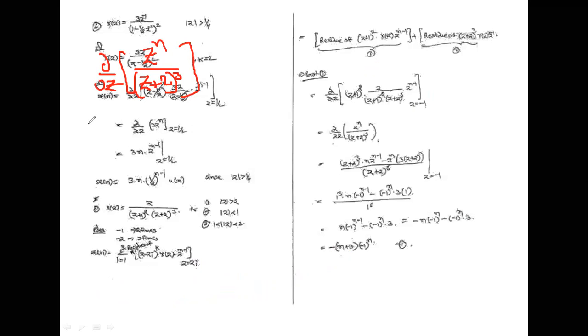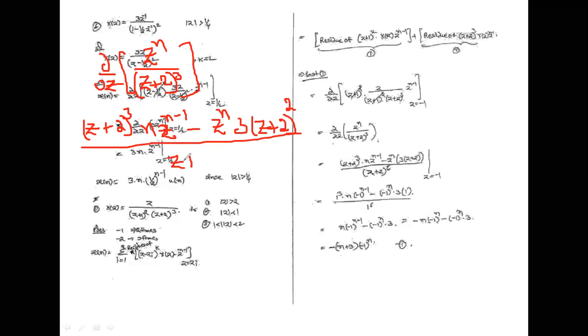Now I take v first, z plus 2 whole cube, times the derivative of u, n into z power n minus 1, minus u, z power n, times the derivative of v, 3 into z plus 2 whole square, whole divided by v square, z plus 2 whole cube square, at z is equal to minus 1.